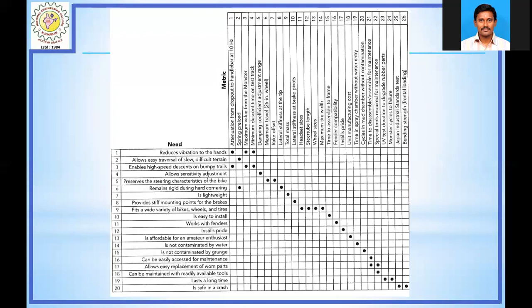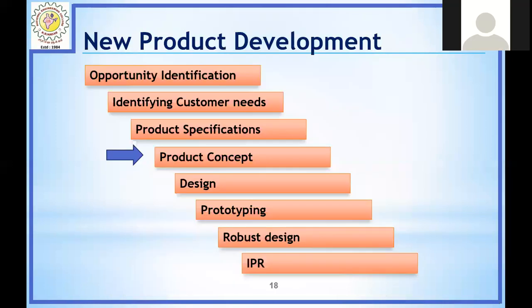So these things are not only related to the manufacturing of products. If you want to provide any service to the general public, then also you can follow this approach in order to give a fruitful product or fruitful service. And the next stage is product concept. Just to identify what are all the various specifications we are going to have in our product. And each and every part or each and every specification of the product is going to operate under a scientific concept.